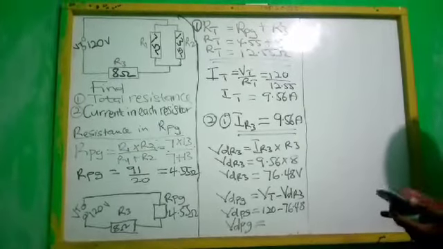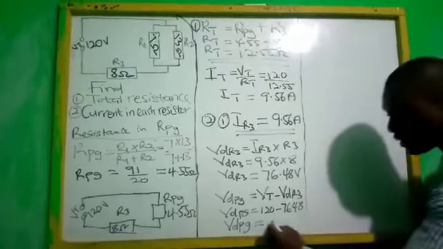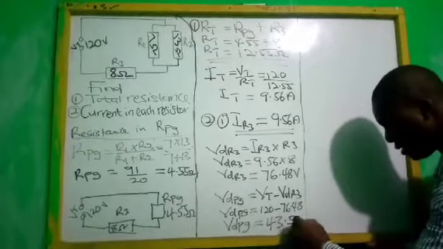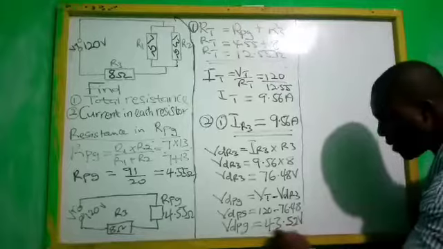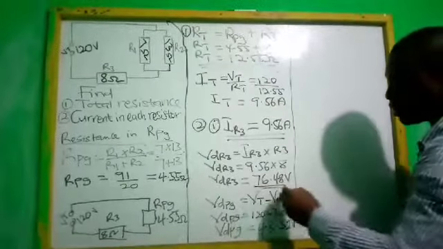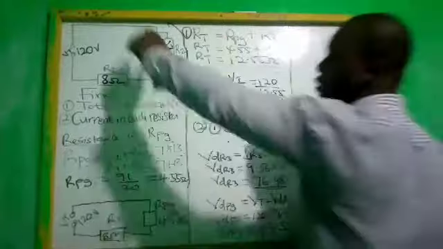We have our answer as 43.52 volts. Remember, when we add these two voltages, we should get the same amount as the total voltage. As we continue, we will come back for that.